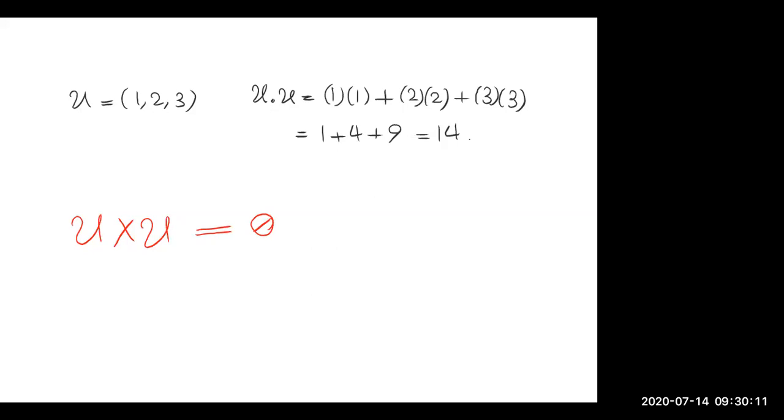So when I say 0, I mean 0 as a vector in 3-dimensional space, which all of its components are equal to 0. Let's look at an example. Let's say u is a vector 1, 2, 3. I want to compute the cross product of u by itself, right?